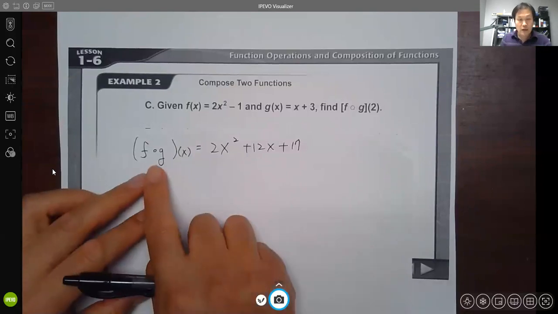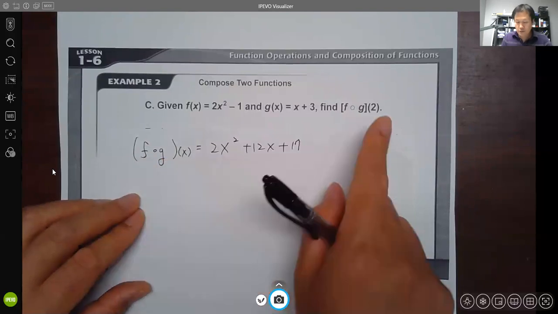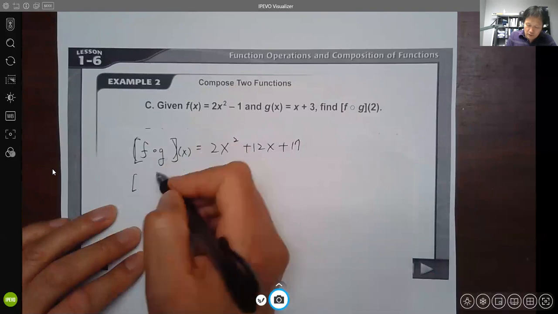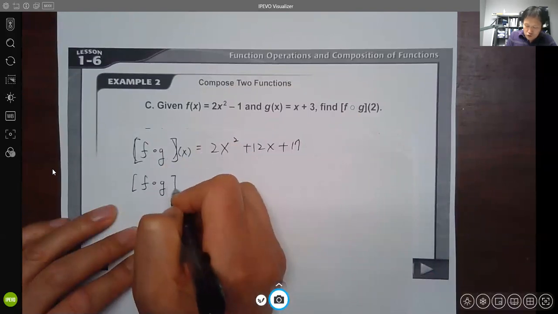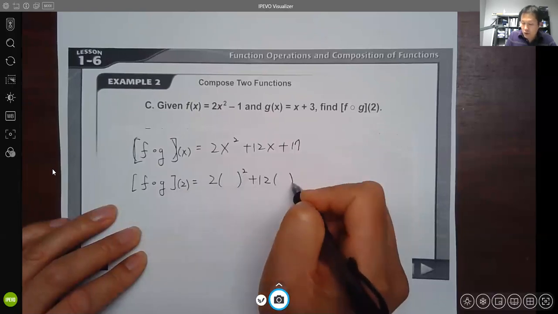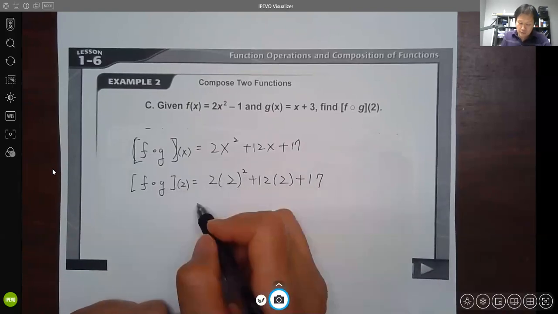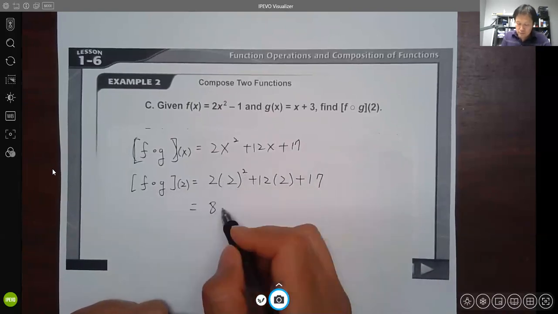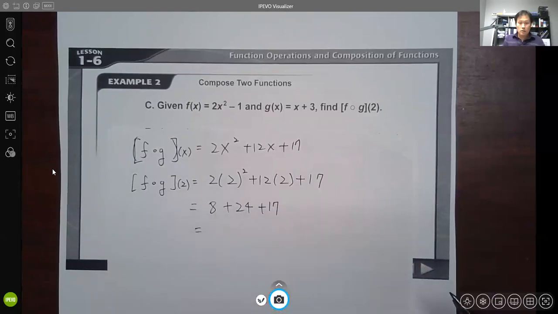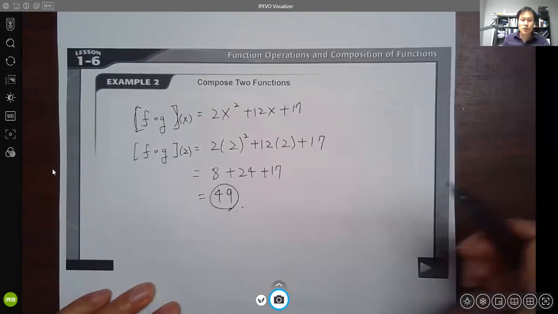So I get to use that. All I have to do is plug in 2 there. I get to use this function because I already did all that work. Just plug in 2, and that's 8 plus 24 plus 17. That's 49. Done.